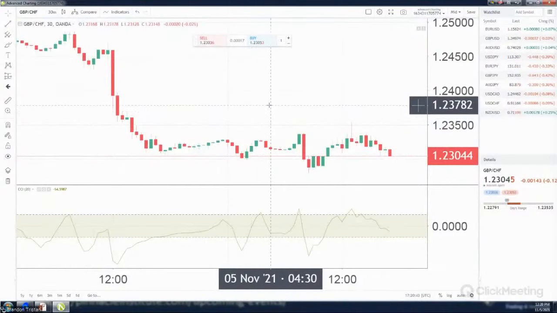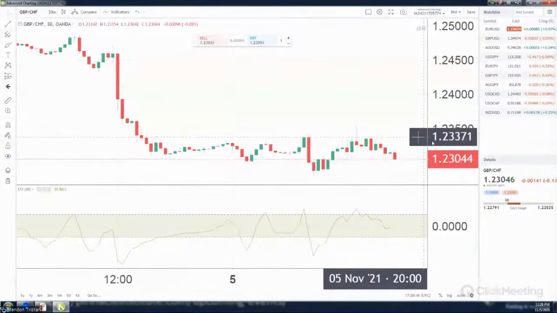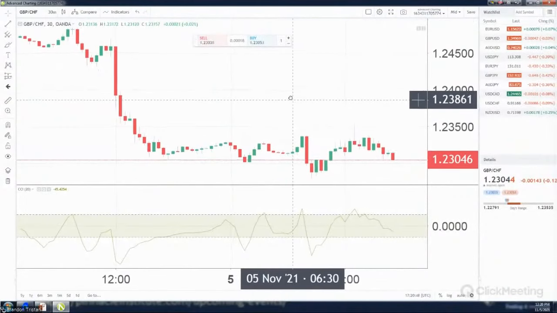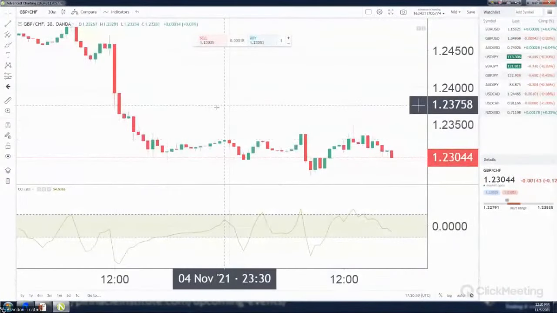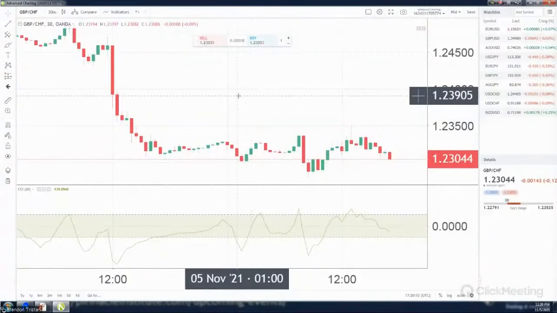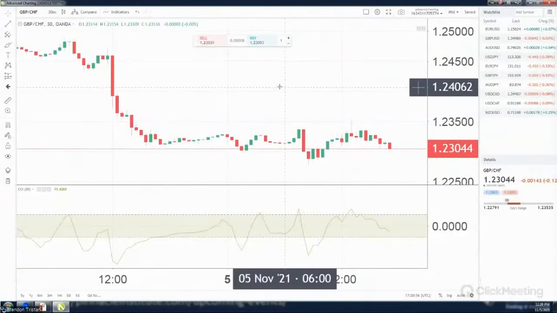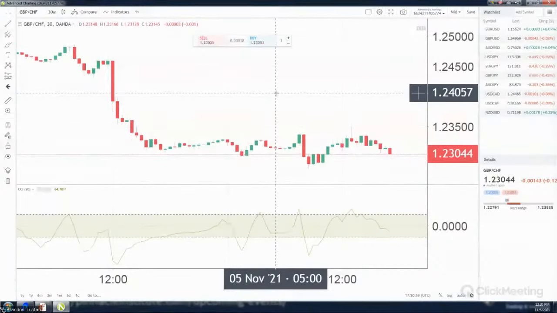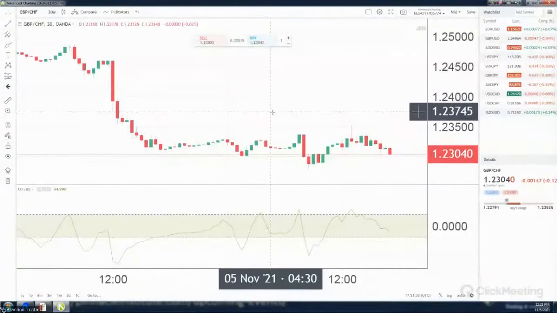But the main focus here is not just the CCI, it's where are you going to exit? The trade plan has an entry and two exits, right? One exit is the stop, one exit is the target. And how much are you going to risk, really?